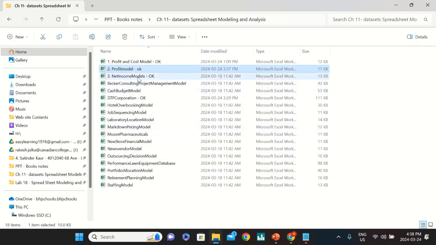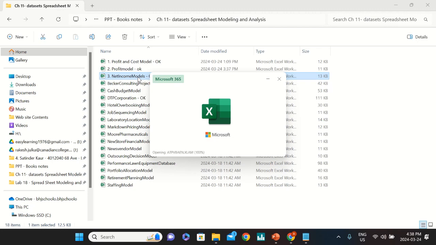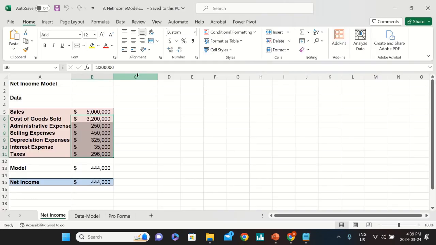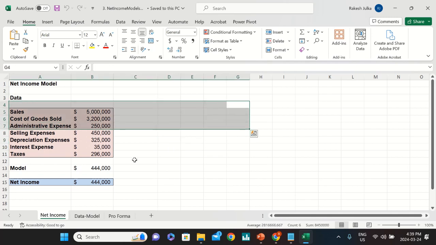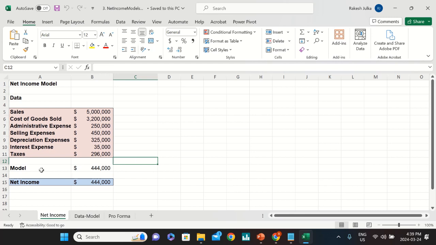The next file is the net income model. The net income model is totally based upon the net profit which we earn on the basis of how much sales revenue we have generated. In this case, the sales are 5 million, right? So for the 5 million sales, we have cost of goods sold, administrative expenses, selling expenses, depreciation expenses, interest expenses, and taxes.